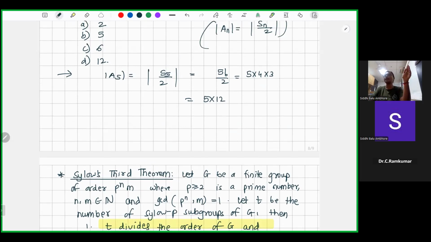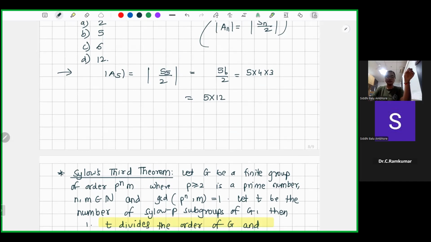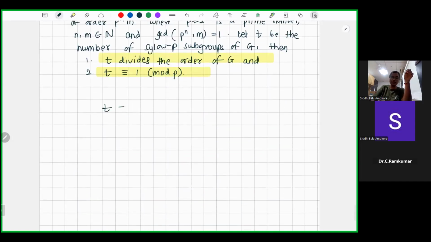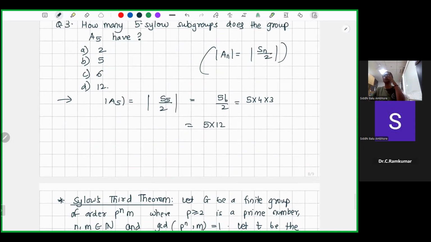So the only condition we need to check is whether T is congruent to 1 mod 5 or not. That was the only thing we need to do here.